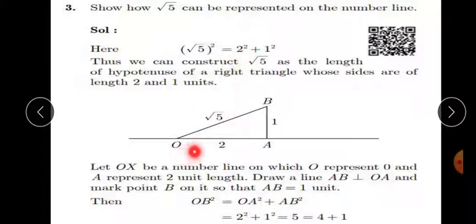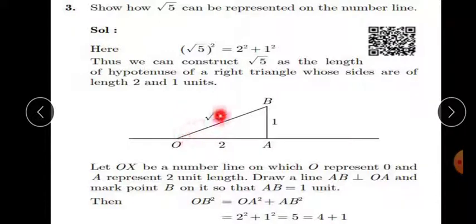Now you have to draw a perpendicular whose length is 1 centimeter. Why 1? Because the base is 2 and the perpendicular is 1. So you have drawn base 2. From A you draw a perpendicular of length 1. Then you join this point O and B.